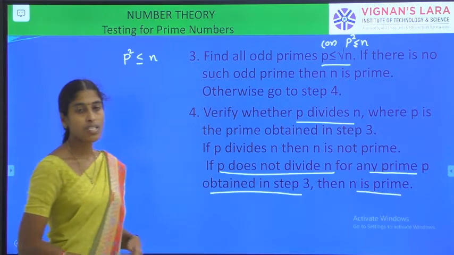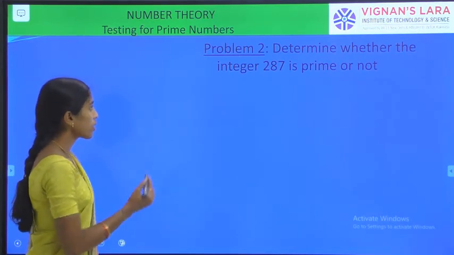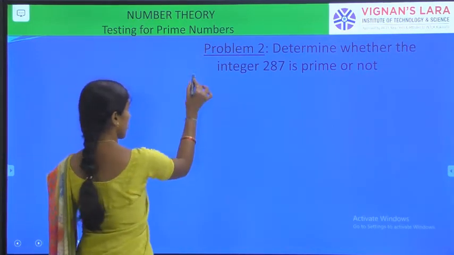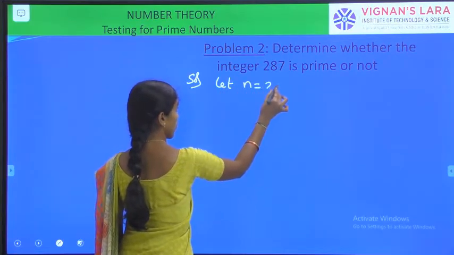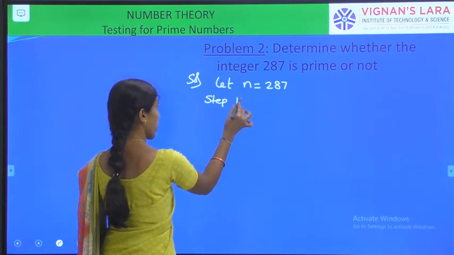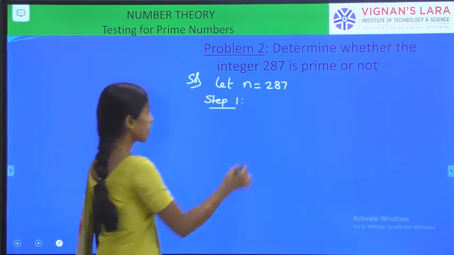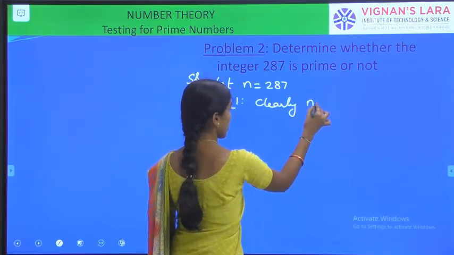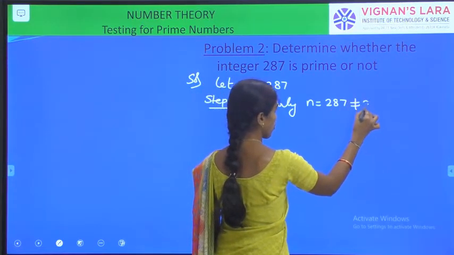So in the last class we already discussed one problem. Now we see the next sum. Determine whether the integer 287 is prime or not. Right? Let n be equal to 287. In step 1, we have to check whether n is equal to 2 or not. Clearly, n is equal to 287, not equal to 2.